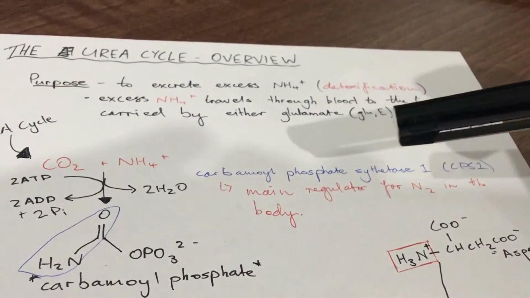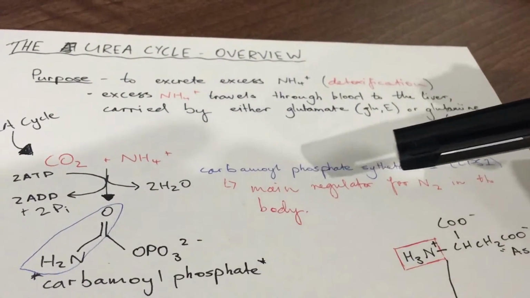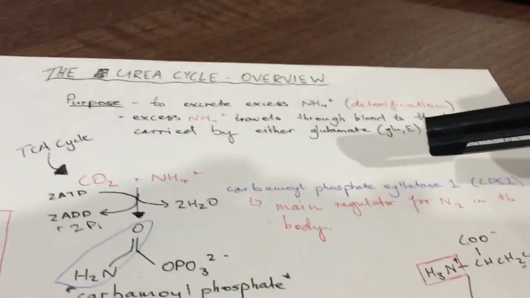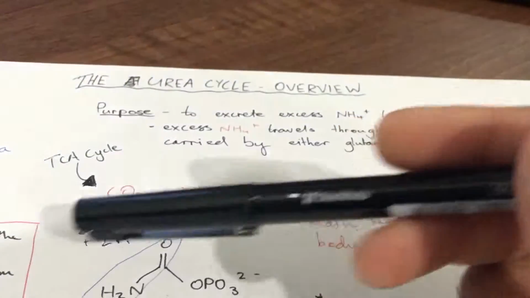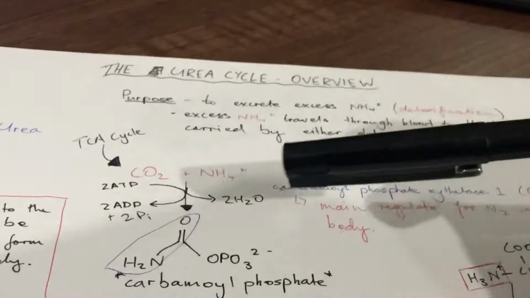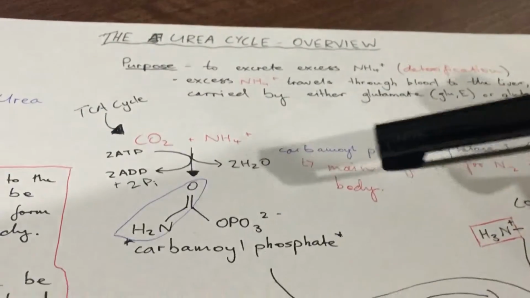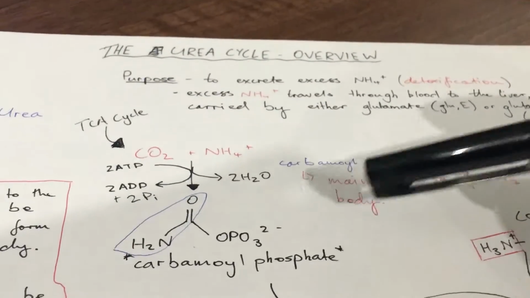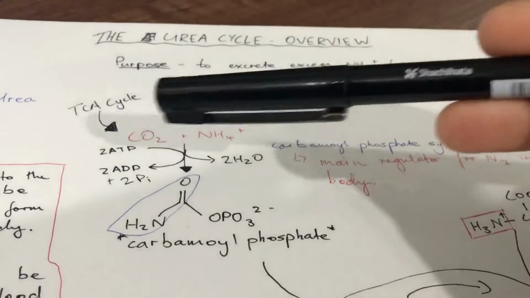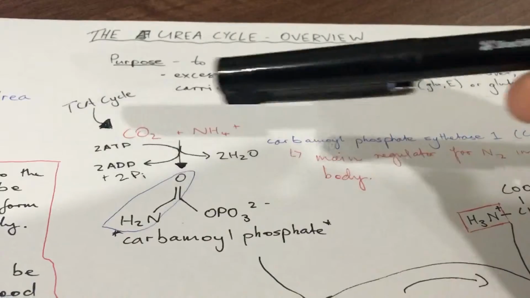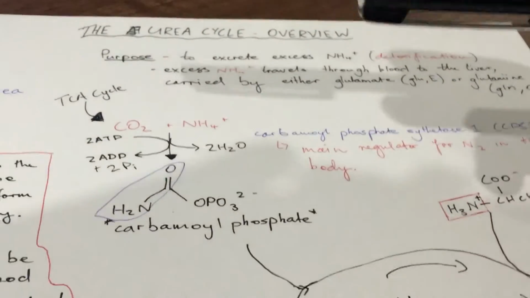CPS1 is an easy way to remember. And this is the main regulator for nitrogen in the body. The reason is, this carbamyl phosphate synthetase 1 controls the amount of ammonium ion concentration in the body, and it can be pretty easily understood: if you have more of this enzyme available, this reaction can occur more, and thereby you'd lose a lot of this ammonium ion, which is good, which is what you want.